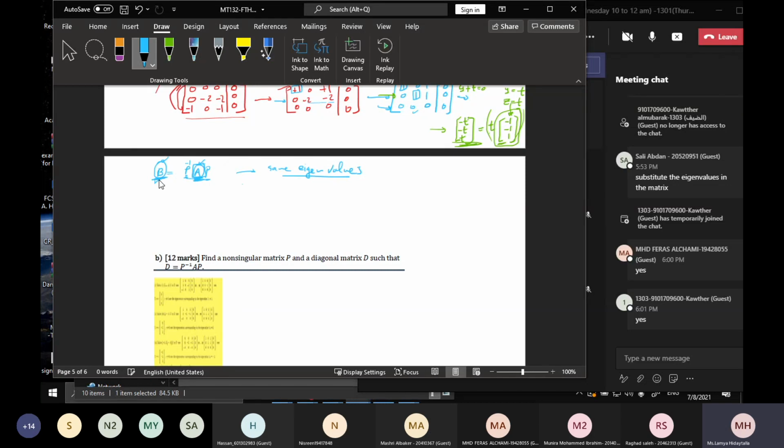What is the importance of the matrix being diagonal? If the matrix is diagonal, you can easily find its eigenvalues. For any matrix that is diagonal, or upper triangular or lower triangular, in particular if it is diagonal, the elements on the diagonal are the eigenvalues.